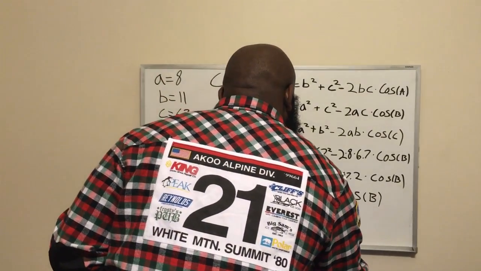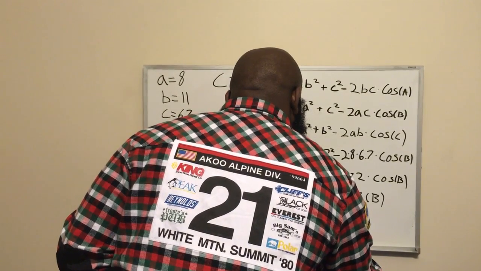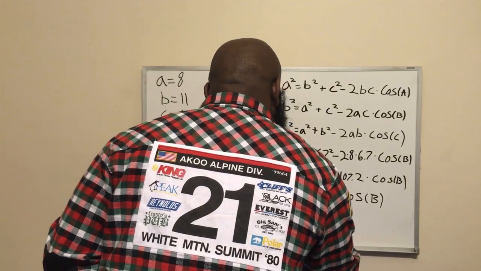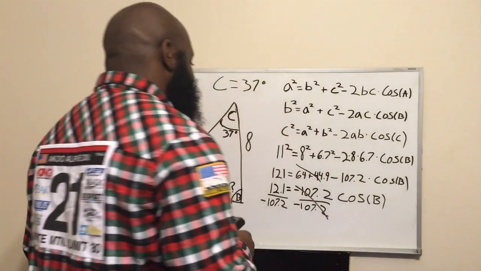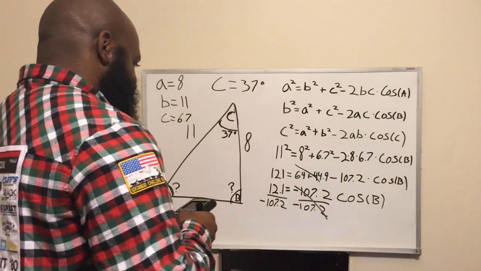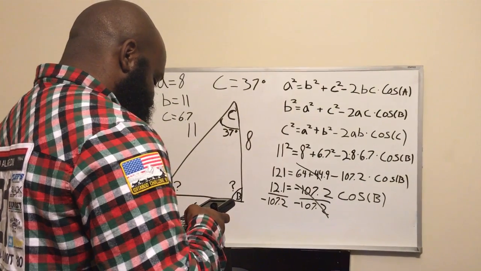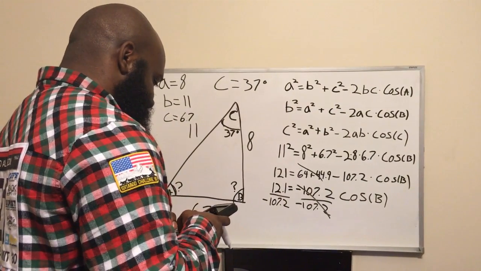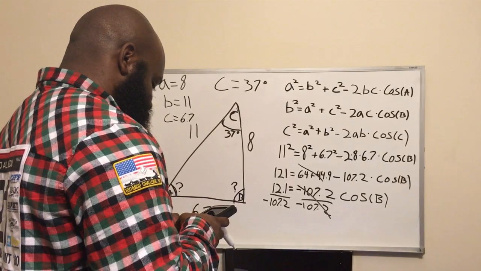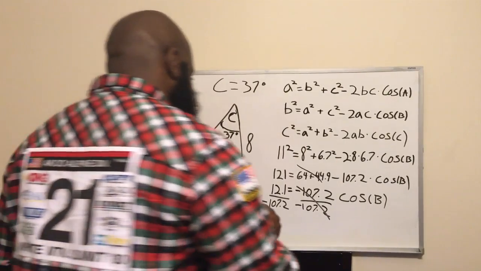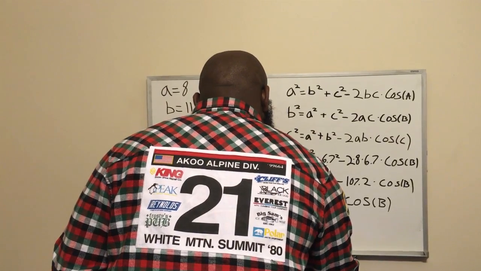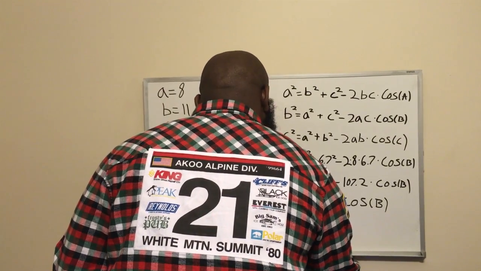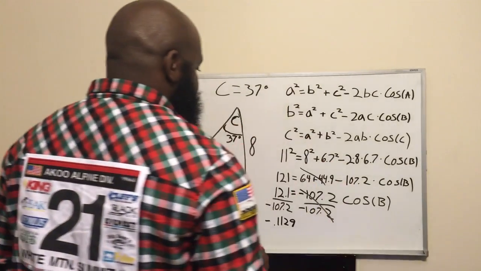We have to get rid of this right here, so we divide, which gives us negative 0.1129.